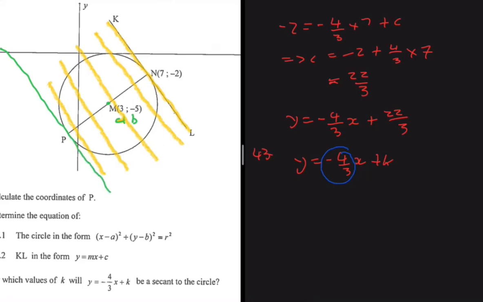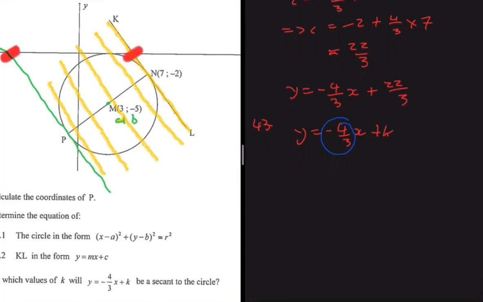So as long as the y-intercept is between the y-intercept of KL and the y-intercept when it touches the circle at P, then for those values of k, because k is the y-intercept, right? X is 0. So for those values of k, that equation will be a secant, right?